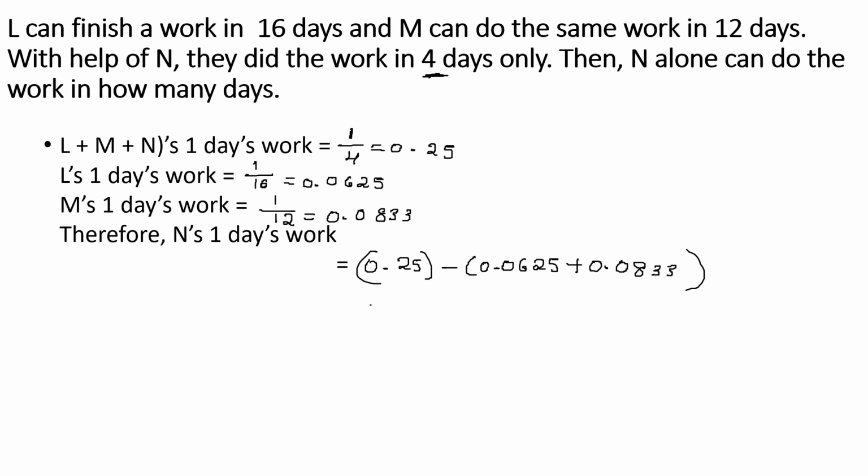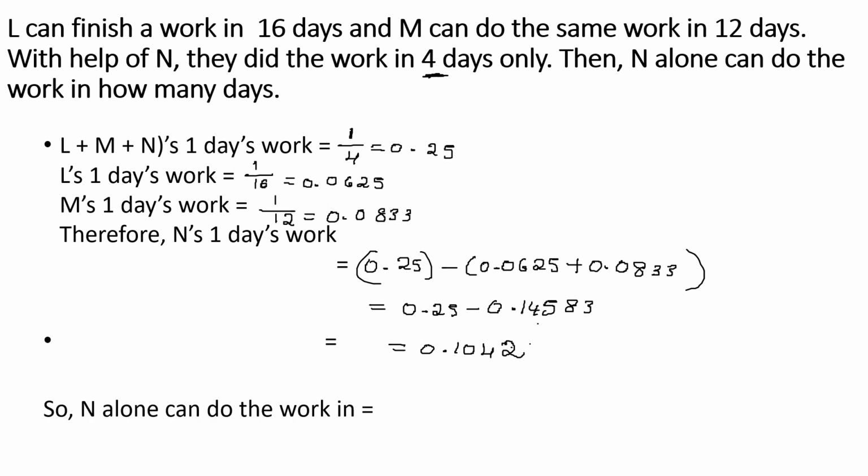So that will be equal to 0.25 minus 0.1458, which is equal to 0.1042, or you can take 0.1042. Now, therefore, this is N's 1 day's work.